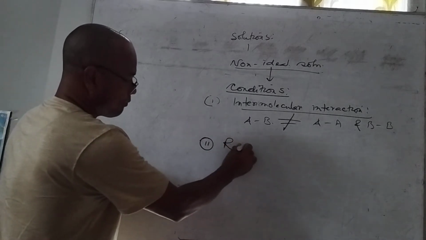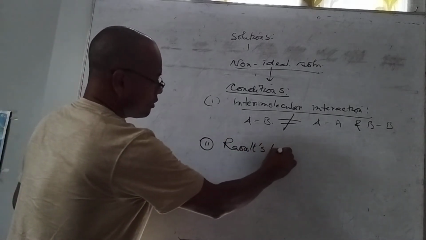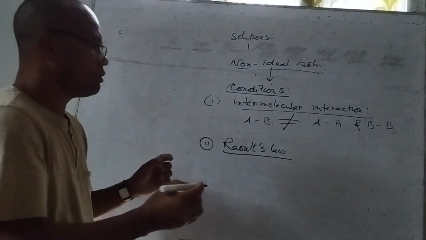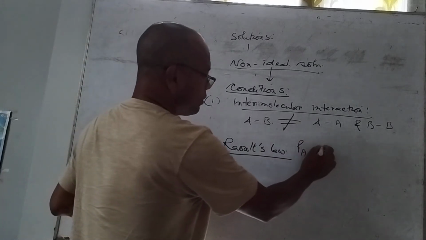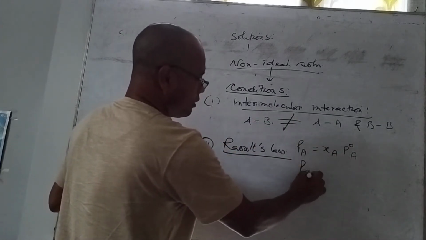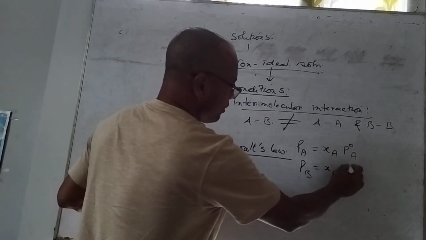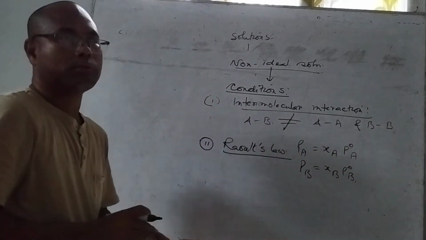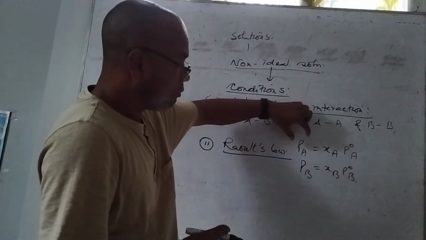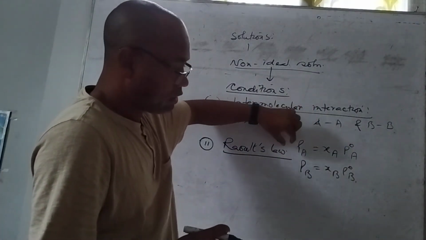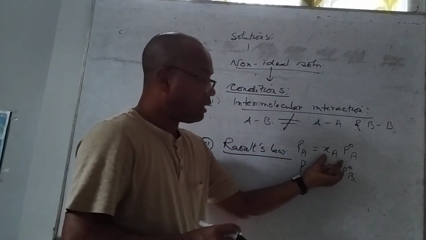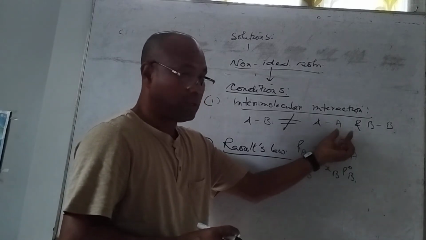Then number 2, we have Raoult's law. If I consider components A and B, what was Raoult's law? PA is equal to XA times P naught A. For PB, it is XB times P naught B. For the ideal solution, as we discussed more elaborately, the vapor pressure of component A in the solution is equal to the product of the mole fraction of A and the vapor pressure of component A in the pure state.